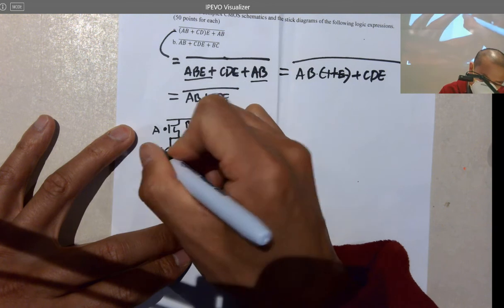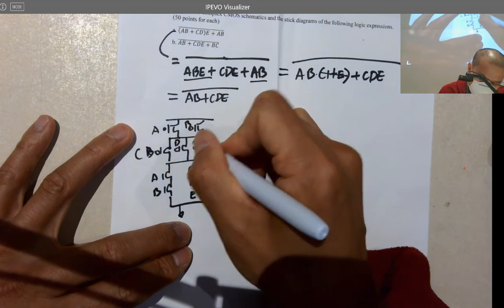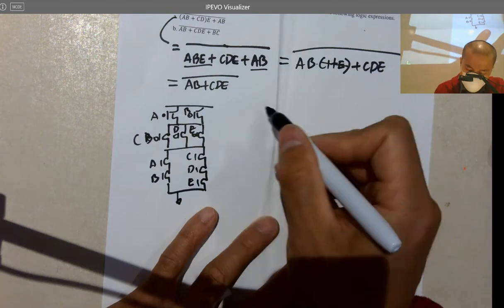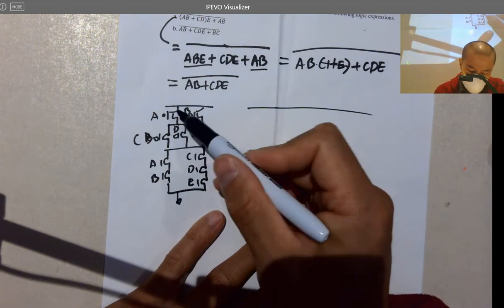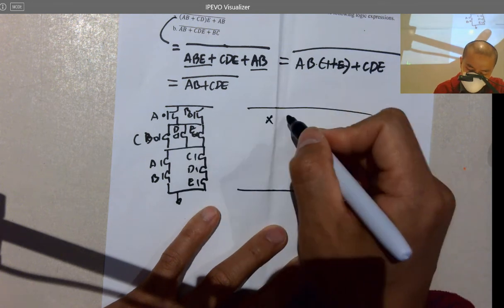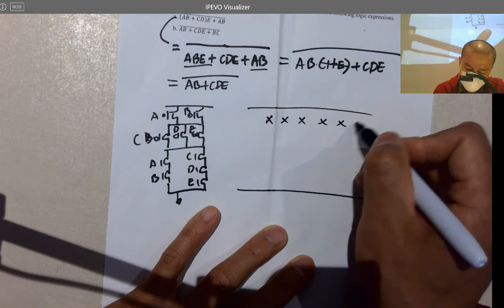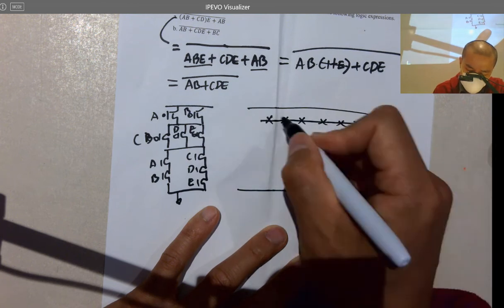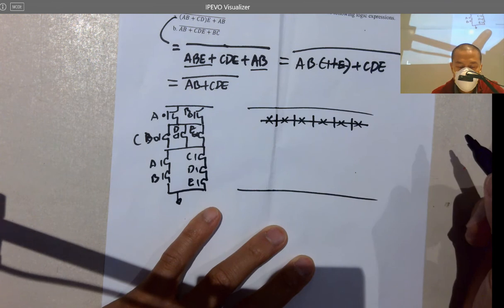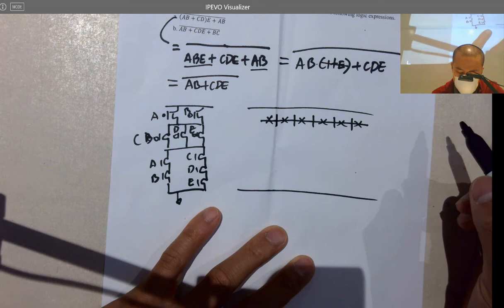One, two, three, four, five. Two in parallel, three in parallel, and then in series.